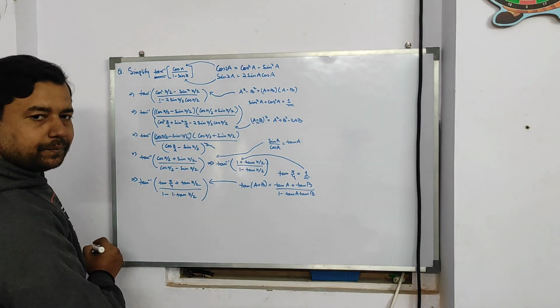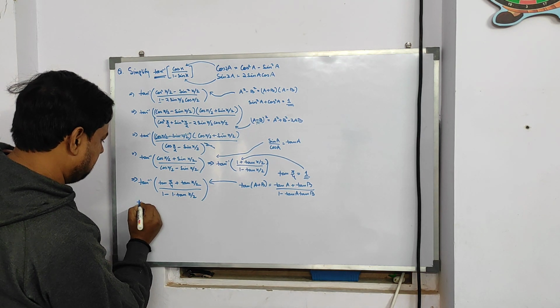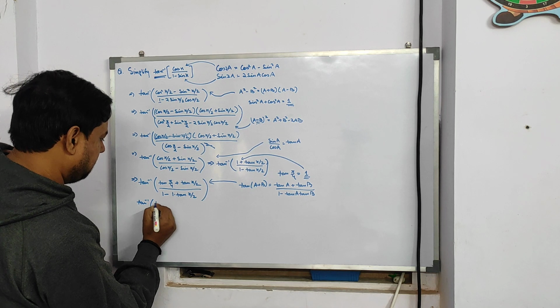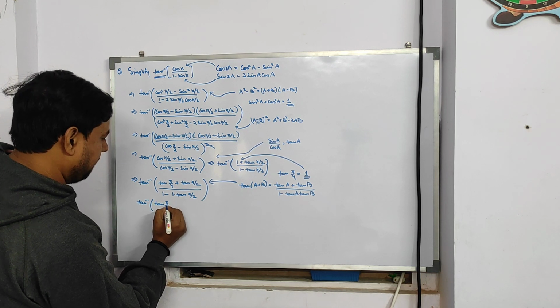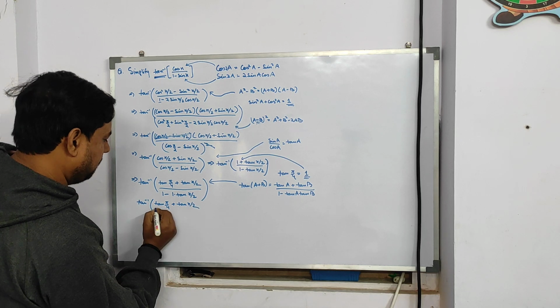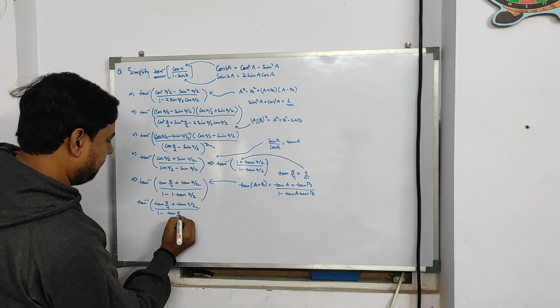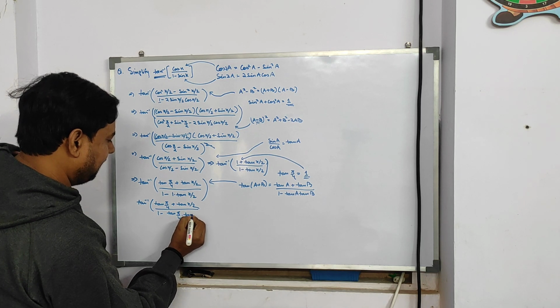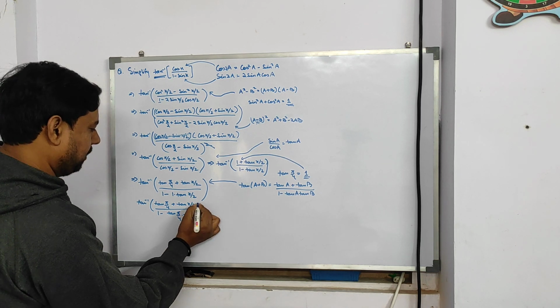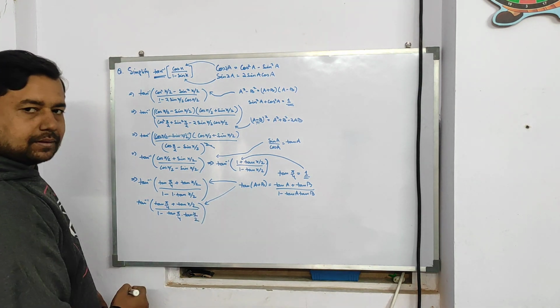This is the same form. So we can write it as tan inverse of tan pi by 4 plus tan x by 2 upon 1 minus tan pi by 4 into tan x by 2. Now this is the same pattern, right?